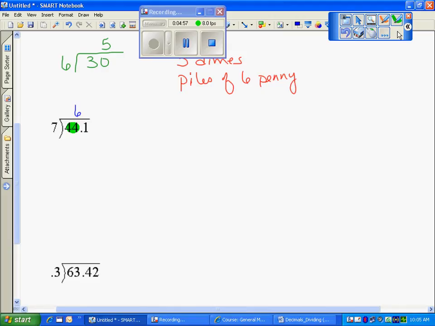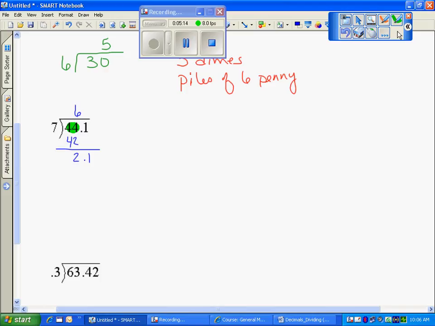Multiply. I've used 42 of the 44. I have 2 1/10 remaining. And now I ask myself, how many 7s are in 2 1/10? Or how many 7s are in 21?